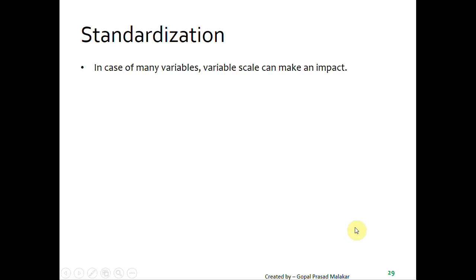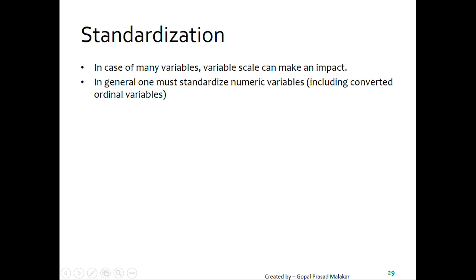Standardization means you subtract the mean and divide by the standard deviation of the data. And I suggest you should do it for all the variables, including the converted ordinal variables.